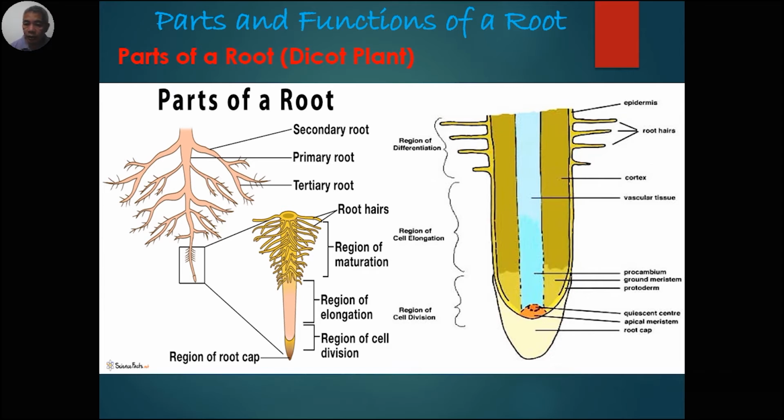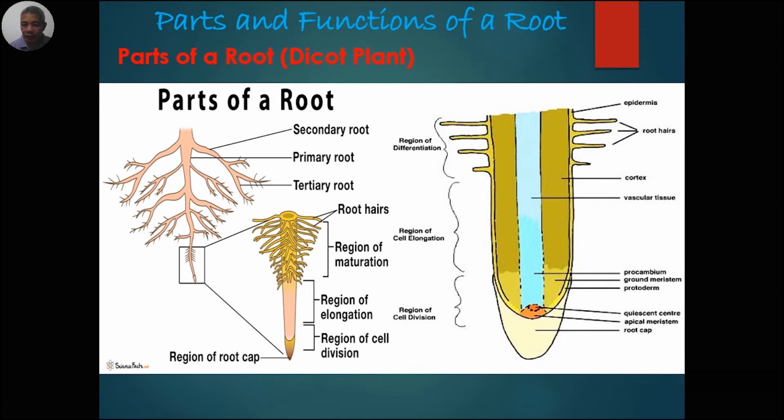And as I said a while ago, if you cut the root, of course, you can see the root hairs, and if you divide the root, you can see the epidermis. Then we have the layer of the bark of the root.